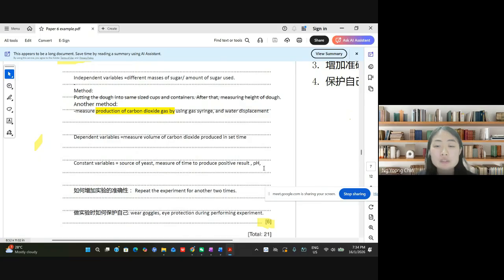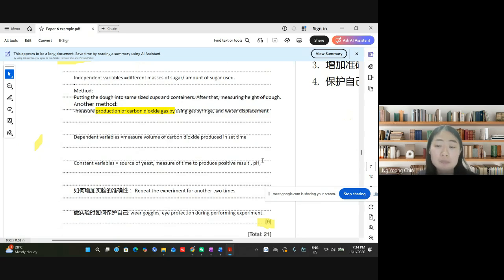And also pH, because pH will affect the conditions in the anaerobic respiration. Because for the yeast to conduct anaerobic respiration in that given situation, the pH cannot be too high or too low. If there's any change in pH, it will affect the yeast activity also.